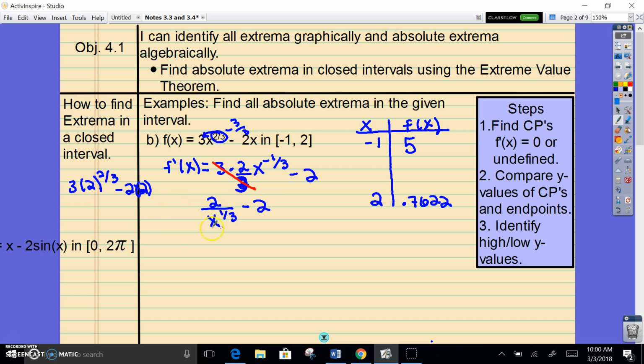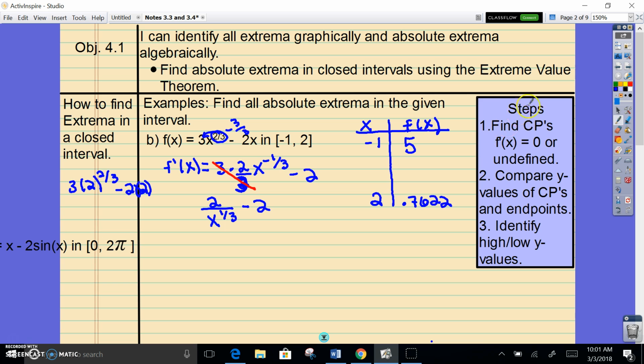The first thing I'm going to notice that I want to check is, can this be undefined? And the answer is yes. If you let x equal 0, you're going to clearly get an undefined situation. Now in the original function, if I put in 0, 0 to the 2/3 is 0. That's not a problem. So that means that this function is continuous. But once you take the derivative, you do get an undefined situation.